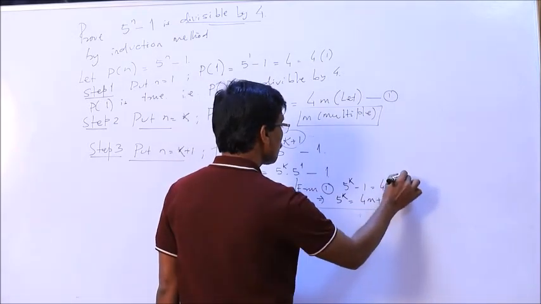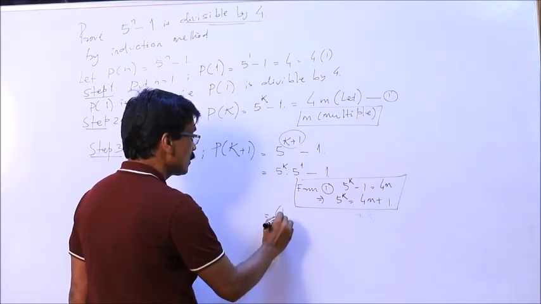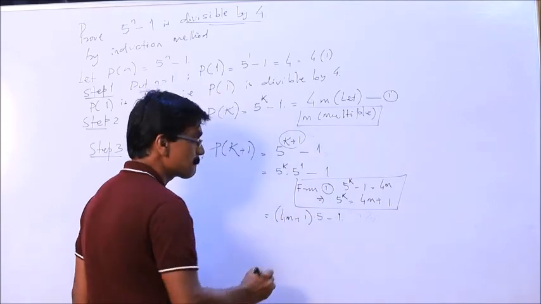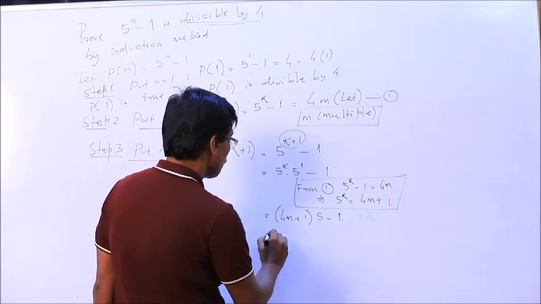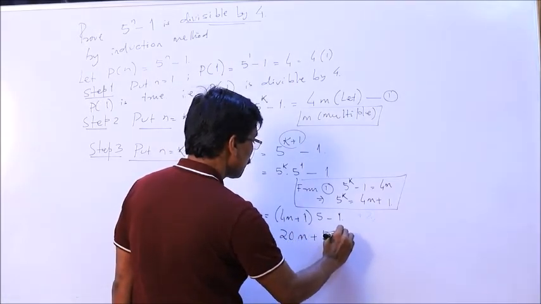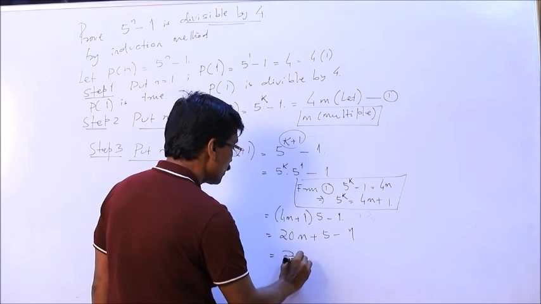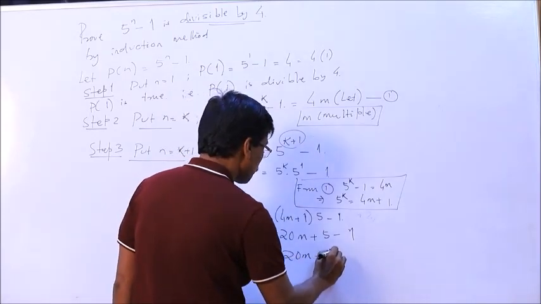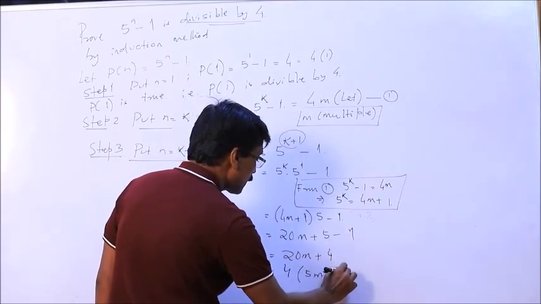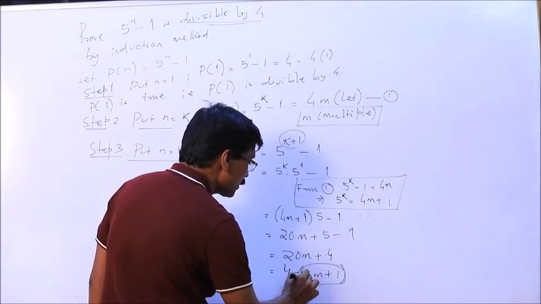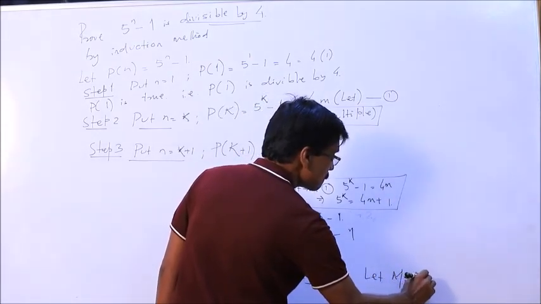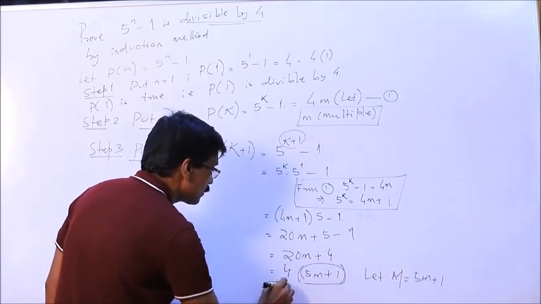Now, we use this result. So, that is equal to 4m plus 1 into 5 minus 1. So, that is equal to 20m plus 5 minus 1, that is equal to 20m plus 4, by taking common 4, that is equal to 4 into 5m plus 1. Suppose this number is equal to capital M. So, that is equal to 4M.